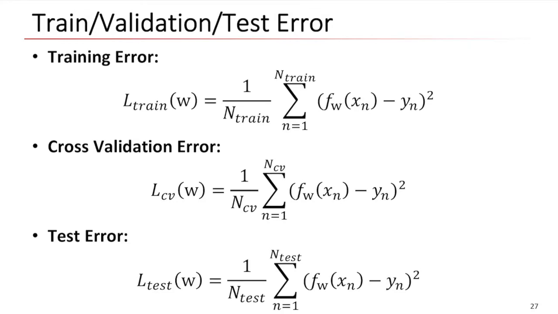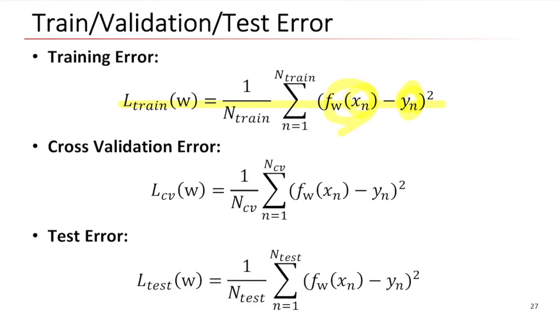Let's define the training error like this. This is exactly the same as the loss function for the linear regression problem. This is the ground truth output in the training set, and this is the estimated value of the input x in the training set.